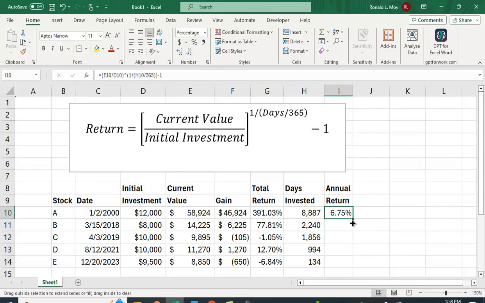Let's copy that formula down, and let's see what we get here.